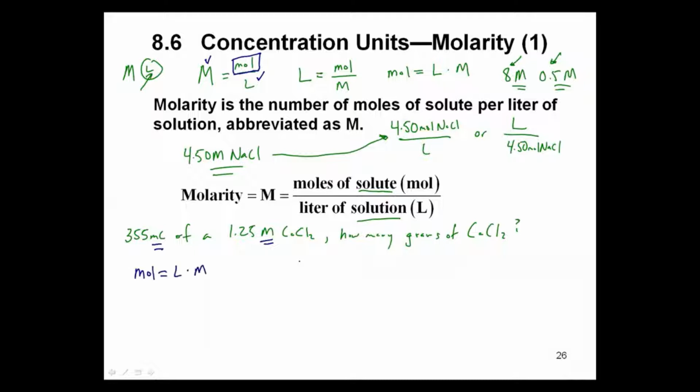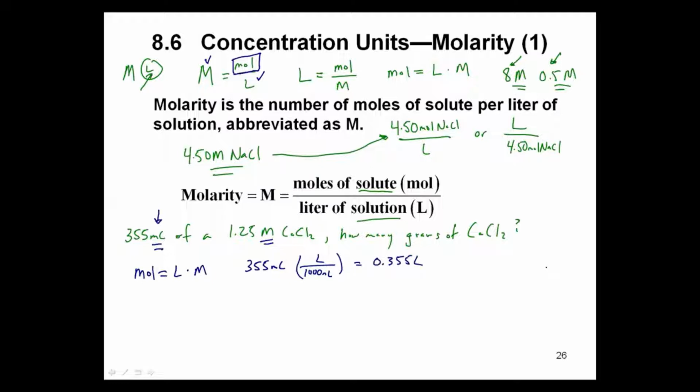Before we could use this, though, we do need to do a couple of conversions. We need to convert our milliliters into liters. So the first thing we would want to do is take our 355 milliliters. There's 1,000 milliliters in a liter. That gives us 0.355 liters. So that part's good.